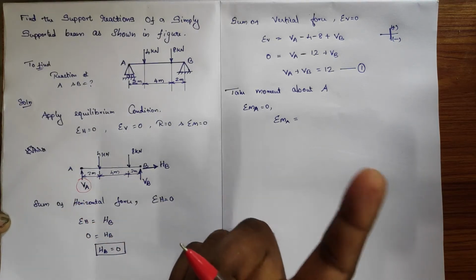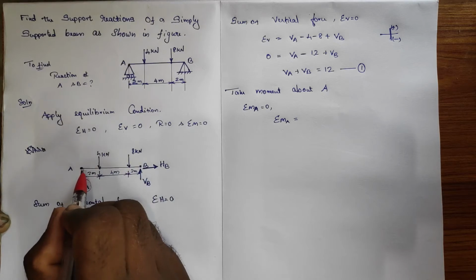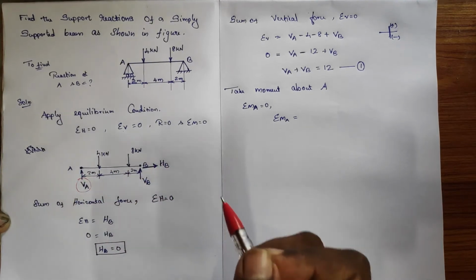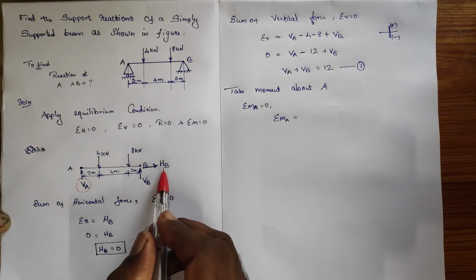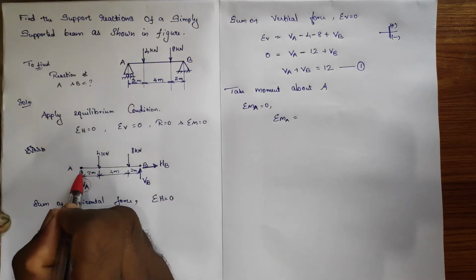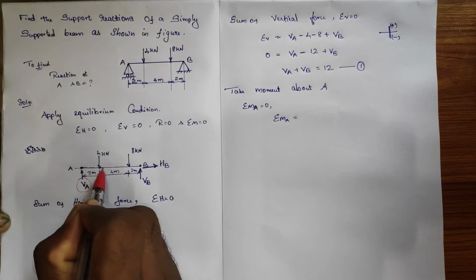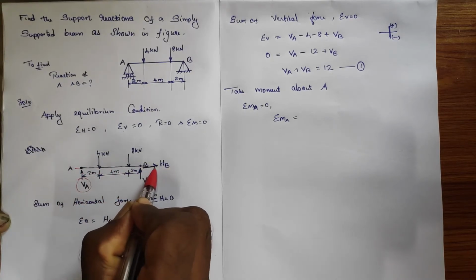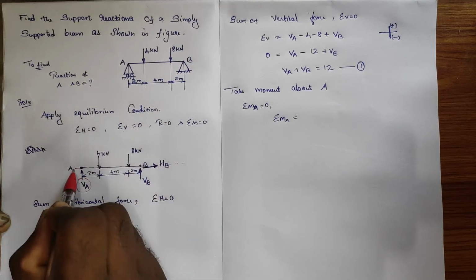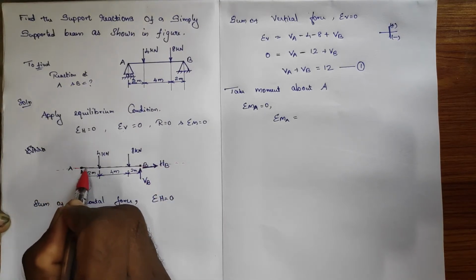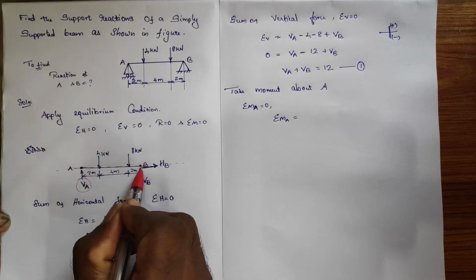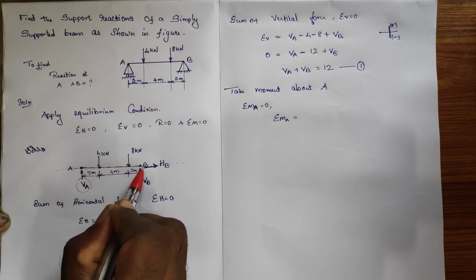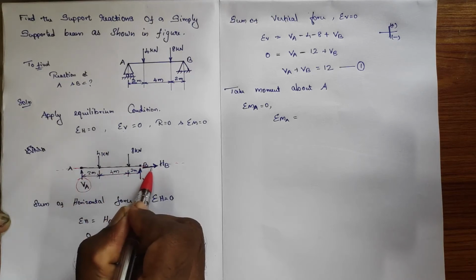Keep it in your mind, the force HP also won't take part in the moment, which is also 0. Why? Because as per the principle of transmissibility, the force can be moved along the same line of action. What does transmissibility say?